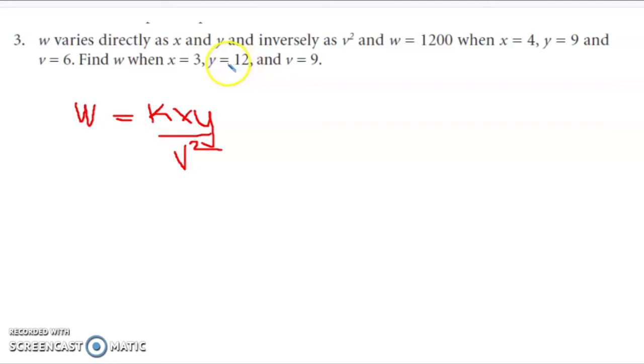Again, the first step is to solve for the constant of variation K. So we substitute the given. What is the value of W? 1200. So 1200 is equal to K. Your X is 4 and your Y is 9.